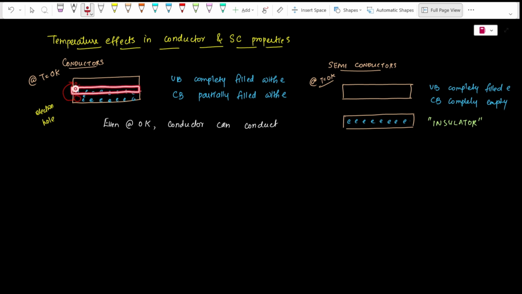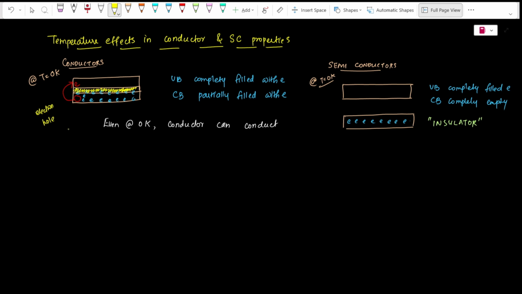Even at 0 Kelvin, the concentration of electrons in the conduction band is very high. So even if I increase temperature, it's not going to change much.